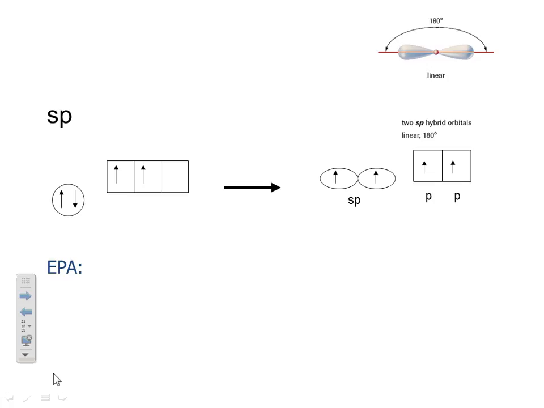Well, then we only need an s and we need a p, one of the p's. Put them together in the mathematical blender, pull out 2 identical orbitals, create what we call sp hybridization. And because we've only used 2 of those orbitals, there are still 2 unhybridized p orbitals.